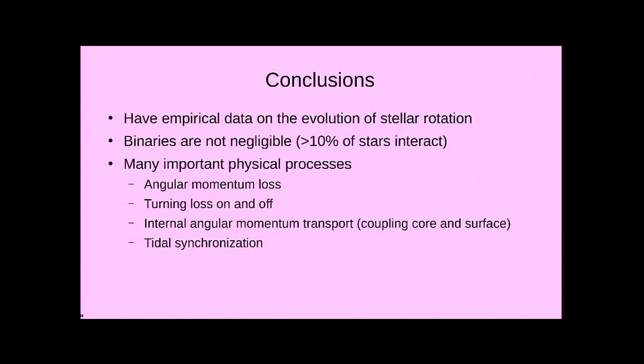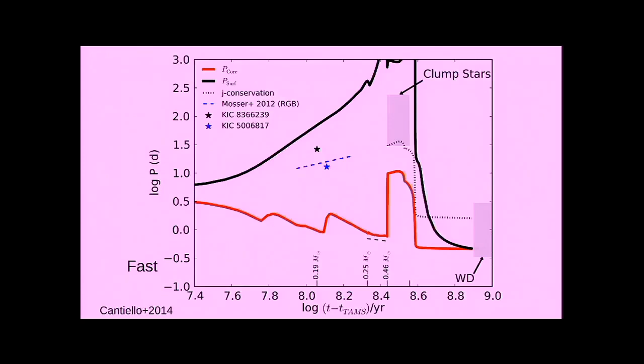And since I have another minute or so, I don't always show these plots, but you might be asking what happens next, right? After the core helium burning phase, we have the asymptotic giant branch, and then stars turn into white dwarfs. We don't have great constraints on exactly all the physics that happens during that time. It's much more complicated to model.